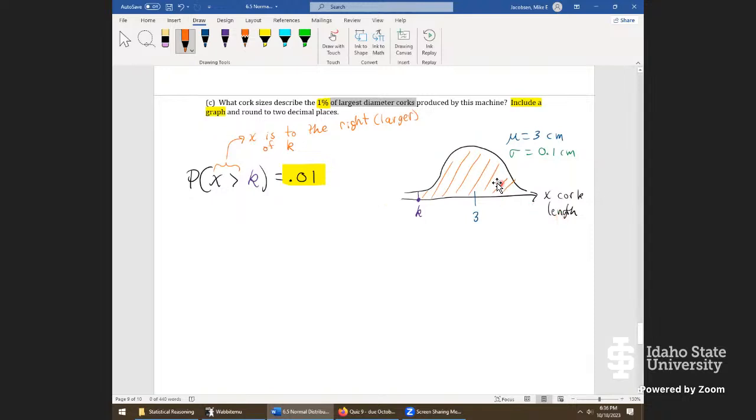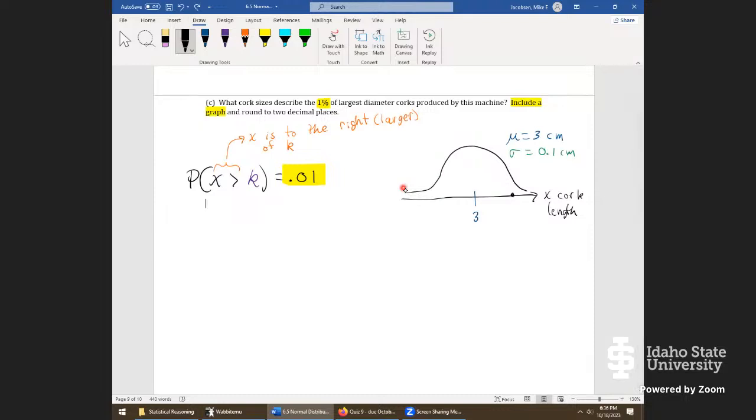But then the shading goes to the right, and so would the probability value. So if we go this route, then we just have too small of a probability in this location, where we say X is to the right of K. But honestly, this is pretty much how this all works out. We just have to put it somewhere, read through the problem and see if it makes sense. Here, the 0.01 should really be to the left if it was in this picture. And so for that reason, I would change it up like this.